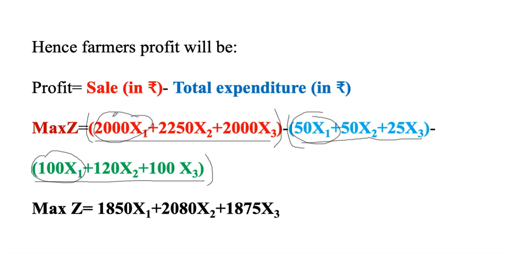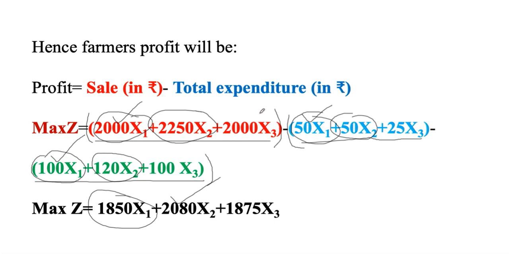So we have here 2000 x1 minus 50 x1 minus 100 x1. 2000 minus 100 is how much? It is 1900. 1900 minus 50 is how much? That is 1850. Then we have 2250 minus 50 and minus 120. When we deduct it, we are going to get 2080 x2. Then we have 2000 minus 25 and minus 100.